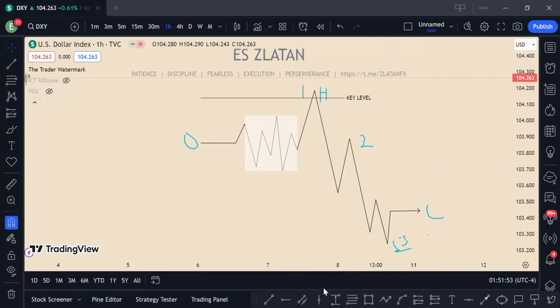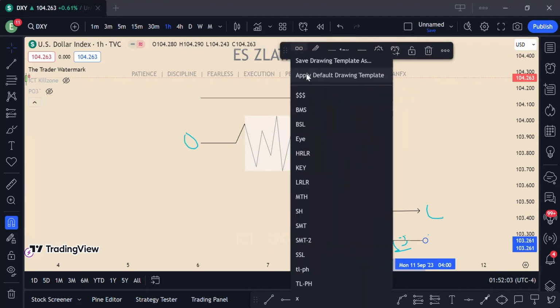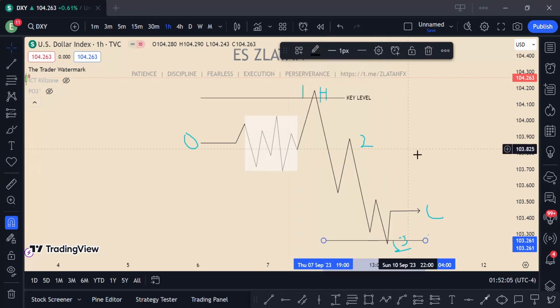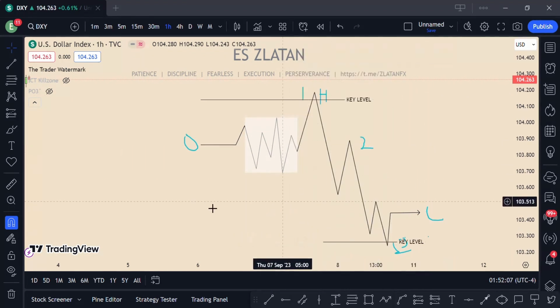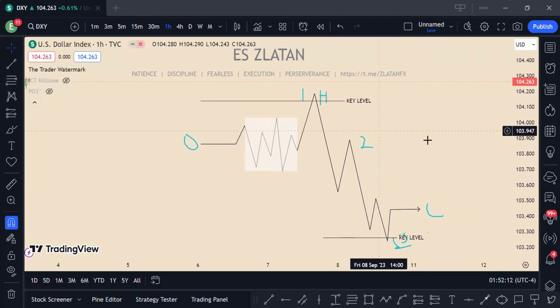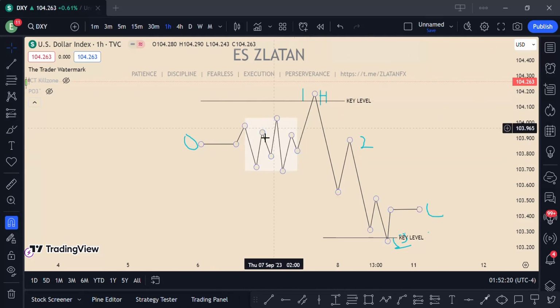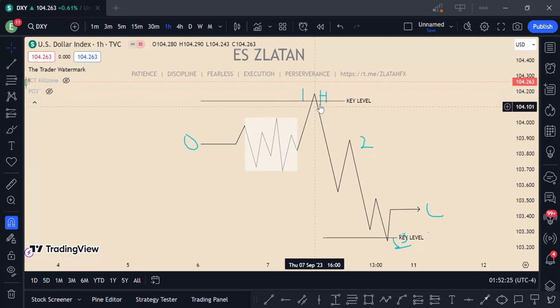And this is also a key level to close the day. So you want to see price after accumulating, manipulate, sorry, into a key level, right?